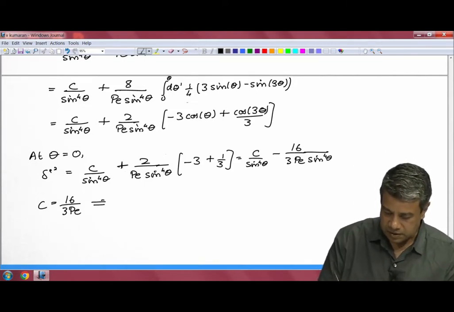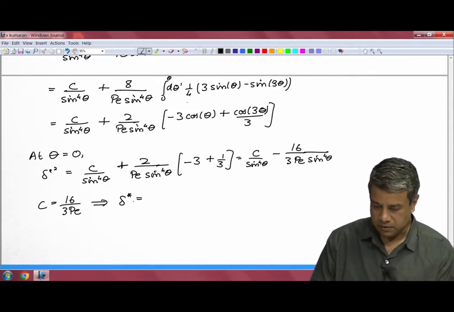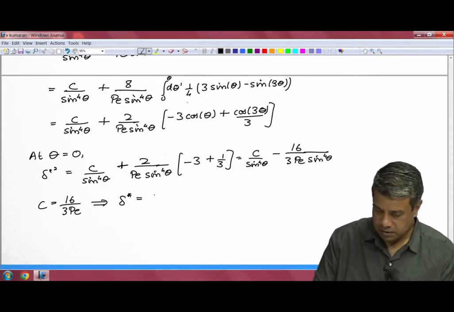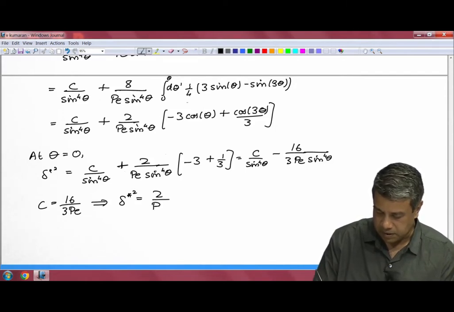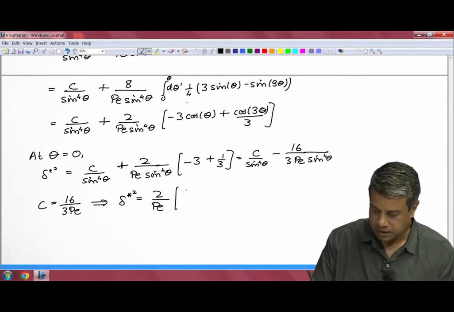And this gives us the relation for the boundary layer thickness. Delta star square is equal to 2 by Pe into 8 by 3.